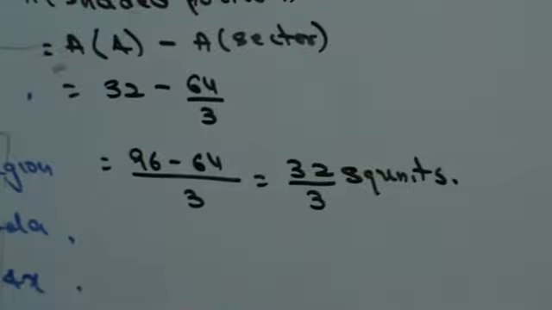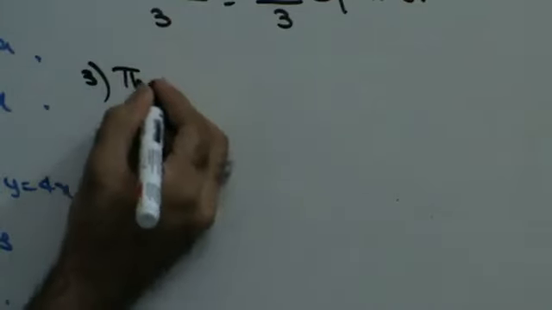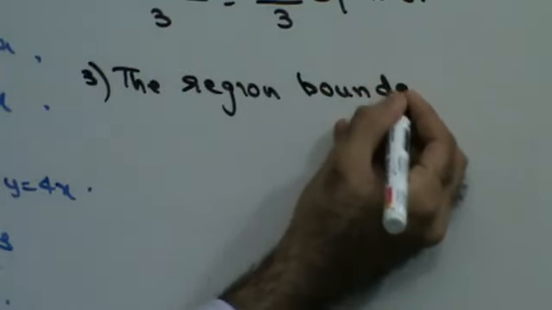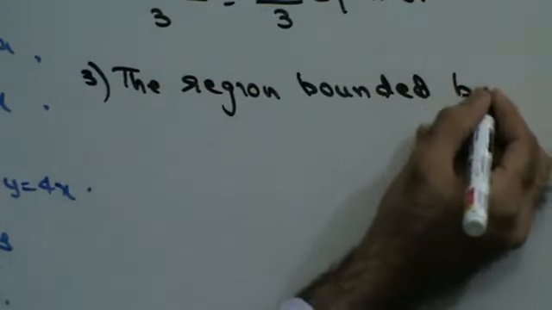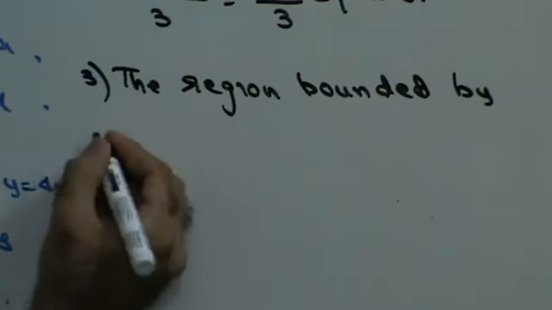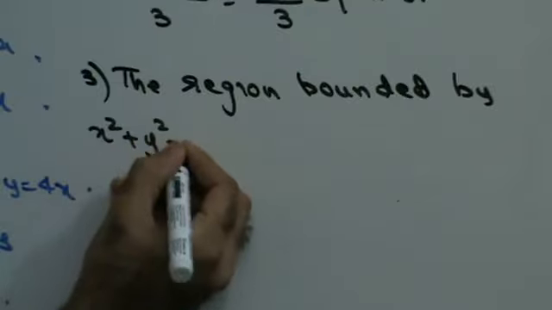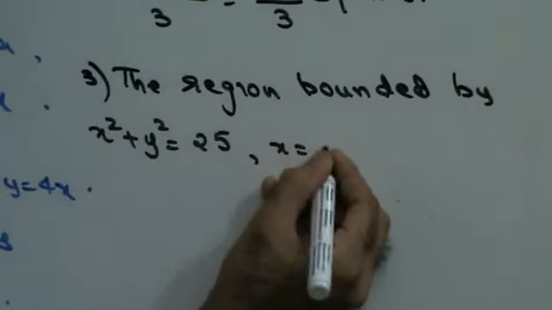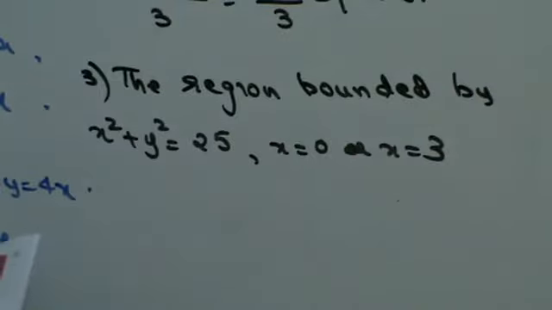Let's see another sum, guys. Find the region bounded by x square plus y square is 25, when x is equal to 0 or x is equal to 3, revolved around the x-axis.